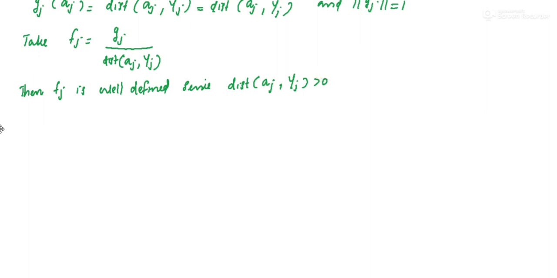Now, Gj an element of X star implies that Fj is an element of X star for j equal to 1 to m, right?